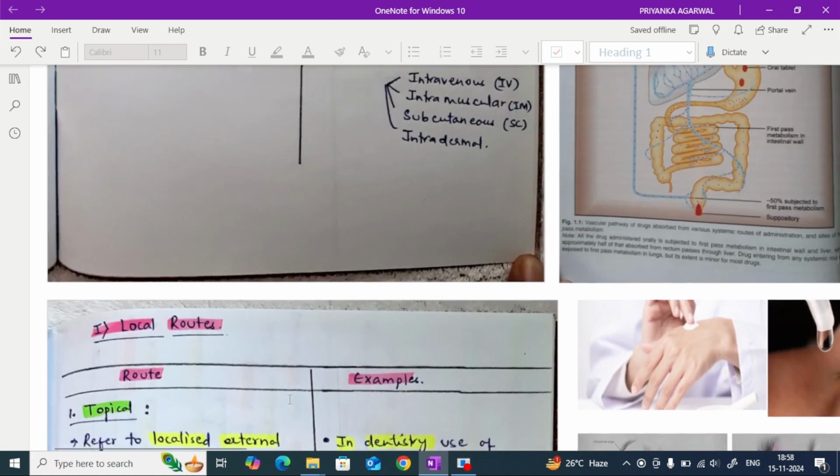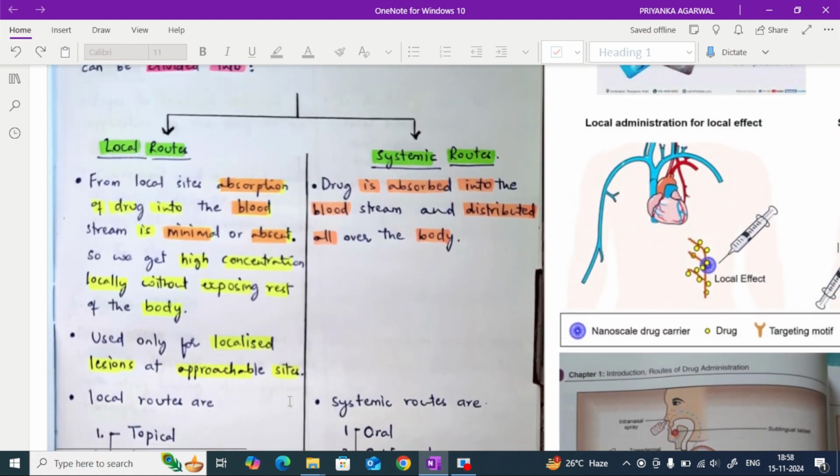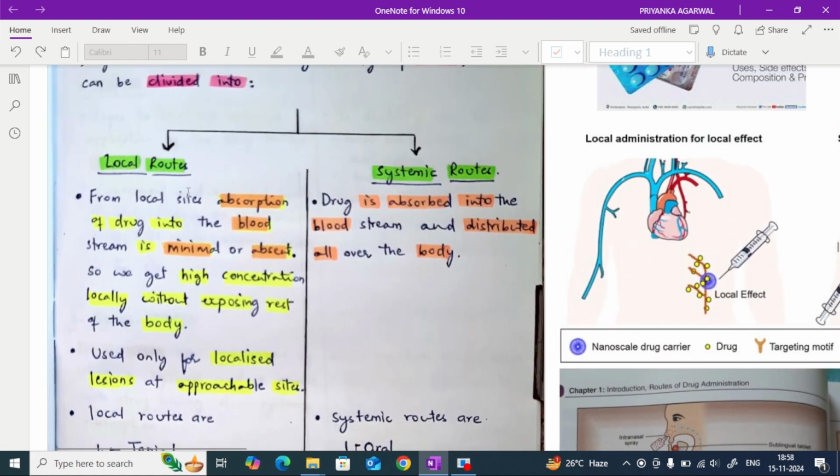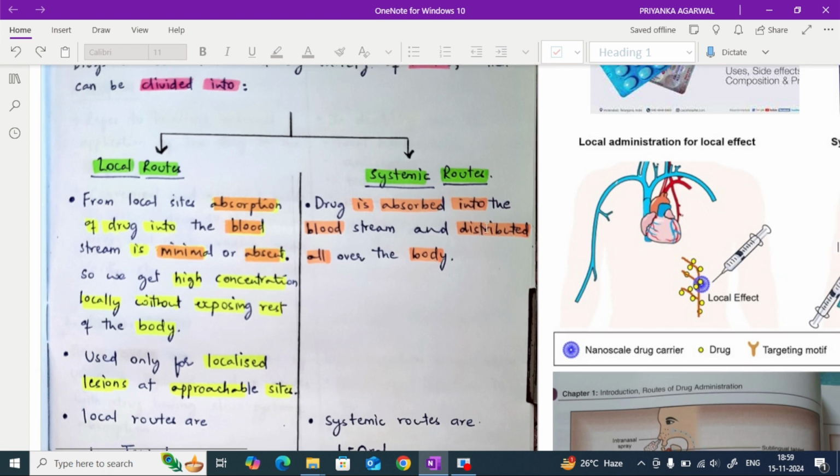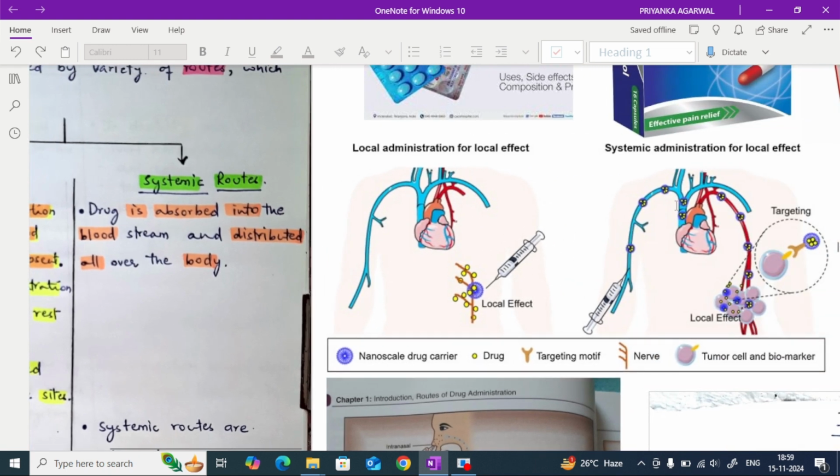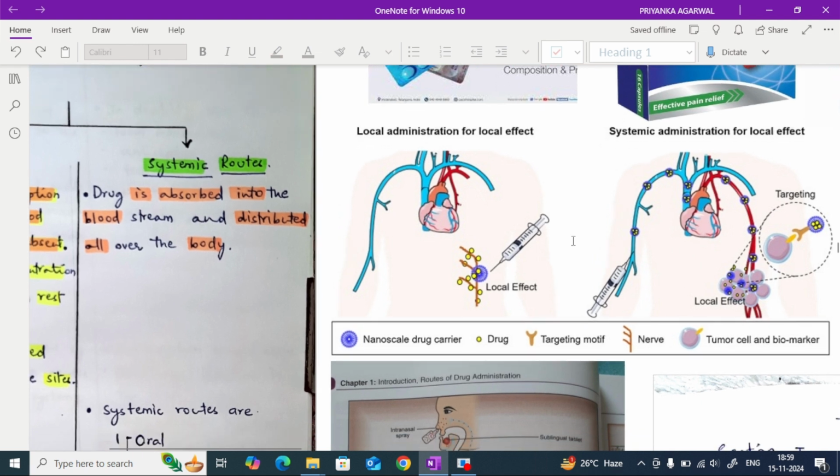As a quick recap, let us first see what we mean by local route and systemic route. In local route, when the drug is given, it is not absorbed into the bloodstream, so it doesn't reach the entire body, so it will have some local effect. In systemic route, the drug is absorbed into the bloodstream and reaches the entire body via the heart, so it has action on the entire body.